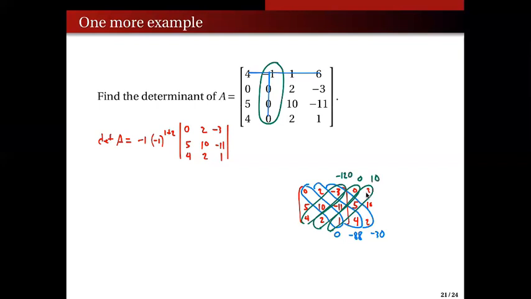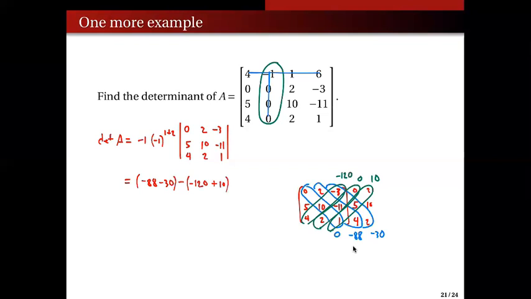So with this, we will have negative 1 times negative 1 raised to 1 plus 2, that's positive 1. So this is equal to 0 minus 88 minus 30, minus quantity negative 120, plus 0 plus 10.